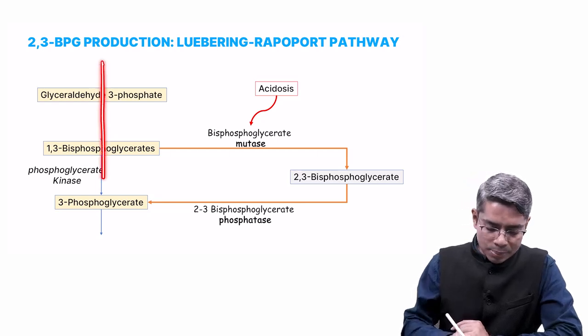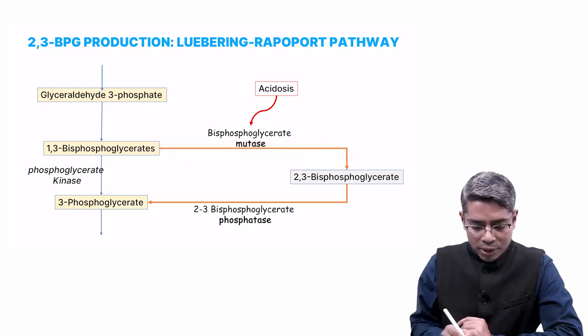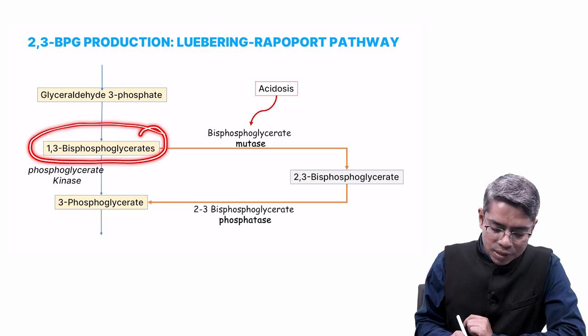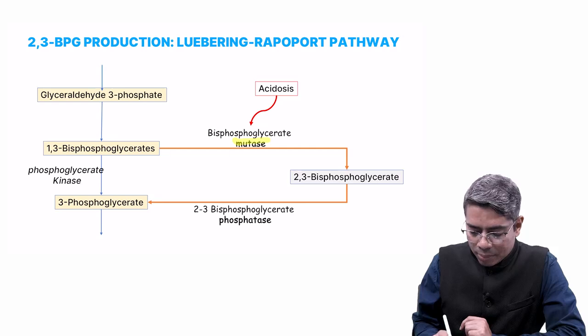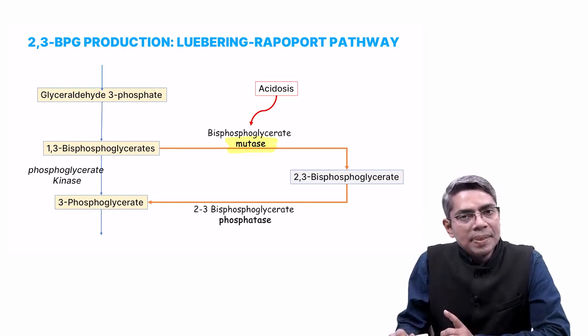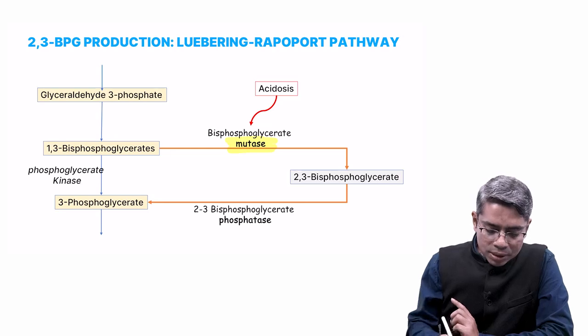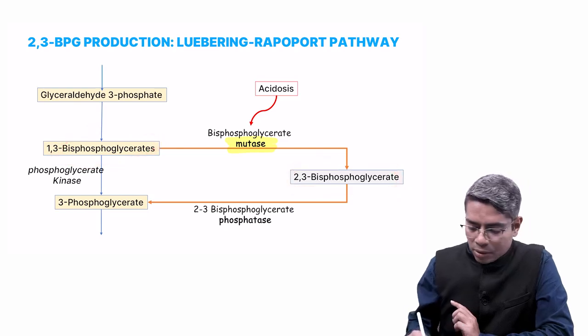Now this glycolytic pathway is going on, but there is a bypass pathway from glycolysis where 1,3-bisphosphoglycerate will produce 2,3-DPG with the help of the enzyme bisphosphoglycerate mutase. This mutase enzyme is very, very important to remember. The mutase enzyme converts 1,3-bisphosphoglycerate into 2,3-bisphosphoglycerate, our 2,3-DPG.